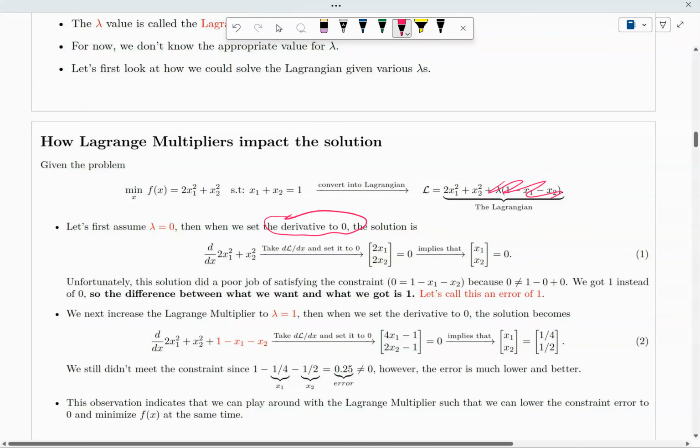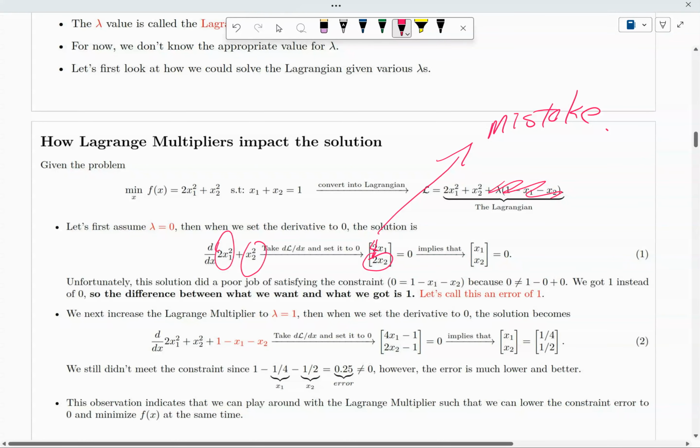If we take the derivative, set it to zero, then what's the derivative of this? Oh, that should have been 4x1. I did that wrong. Okay, mistake. And then over here should be 2x2. Okay, so that right there is good.